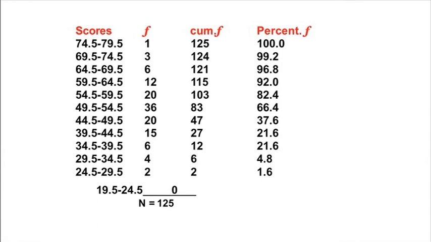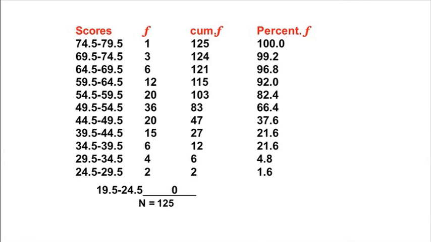Now, this is the data before you. 24.5 to 29.5, 29.5 to 34.5, 34.5 to 39.5, 39.5 to 44.5, 54.5 to 59.5, 59.5 to 64.5, 64.5 to 69.5, 69.5 to 74.5, 74.5 to 79.5, with their frequencies. First, calculate the cumulative frequency as you did in the last case.